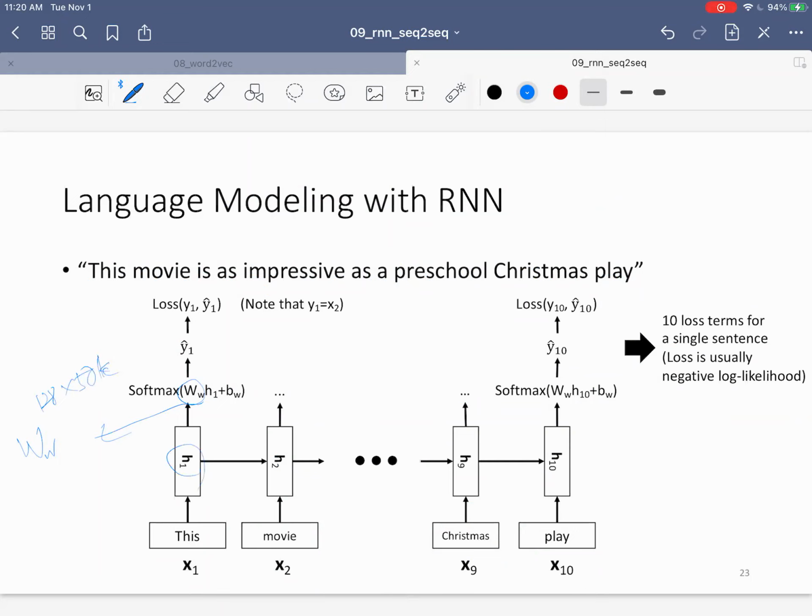Then you have your prediction, and you use your prediction to do backpropagation using cross entropy, and you do this for every time step. What you are doing is updating your W, and then there's W_H and W_I, and then there's bias. So you're updating 4 parameters. Right. So there are 10 loss terms for a single sentence.